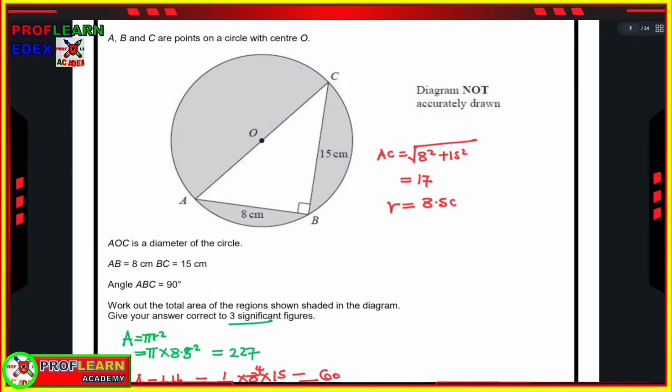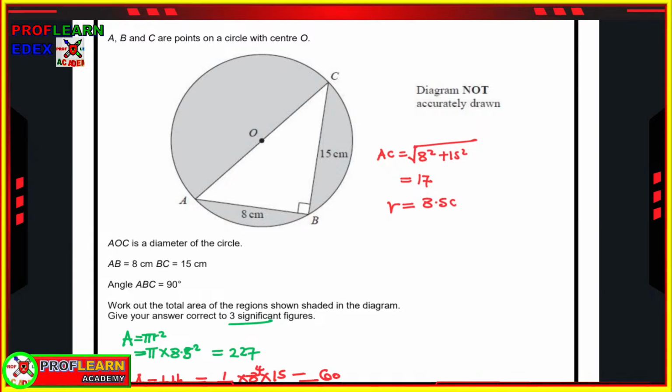So in order to find the shaded part, we shall say the shaded part is 227 minus 60, and 227 minus 60 translates to 167.